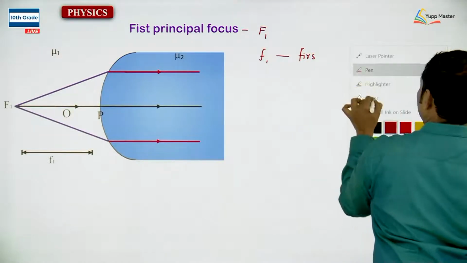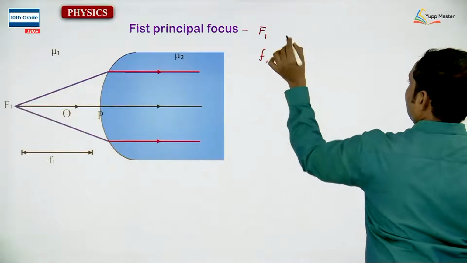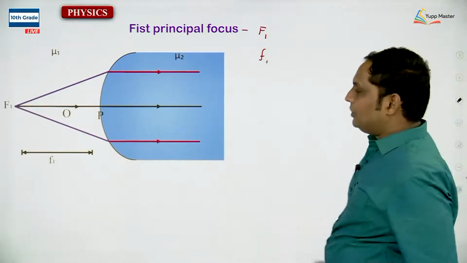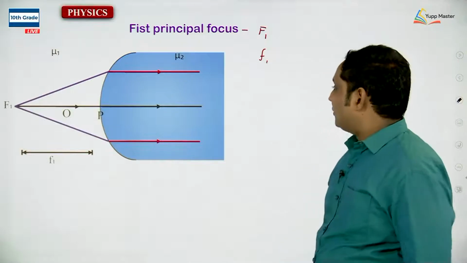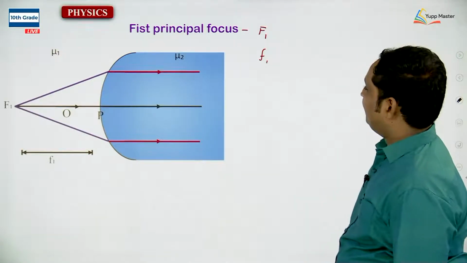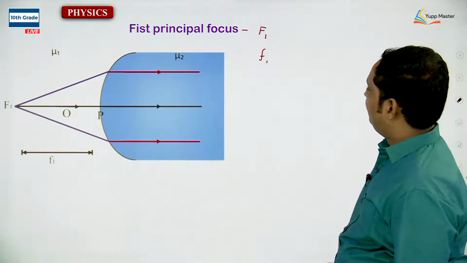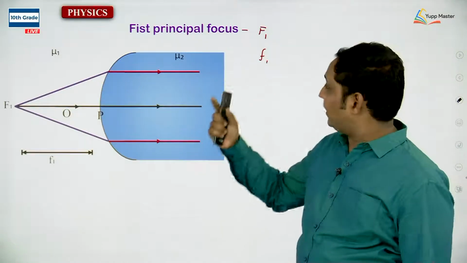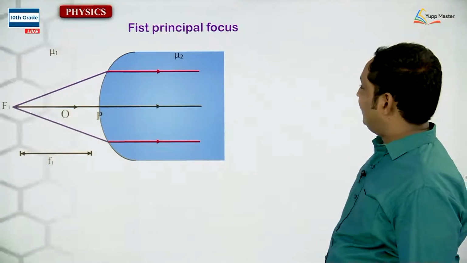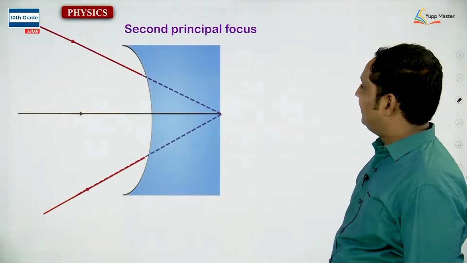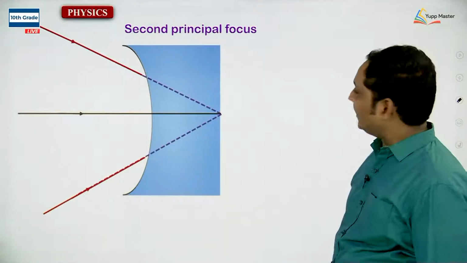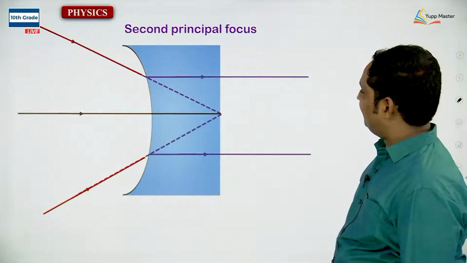We just have to take this one. You need to get the expression, right. Suppose you are going to take that expression for this first principal focal length. Let's see. Yeah, this is the second principal focus. You are going to take that.